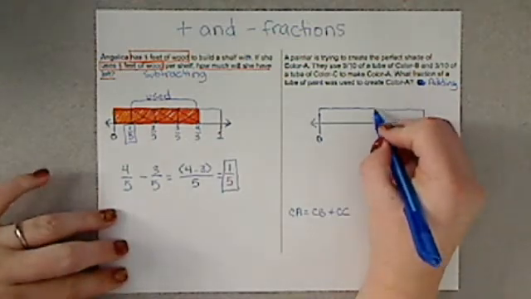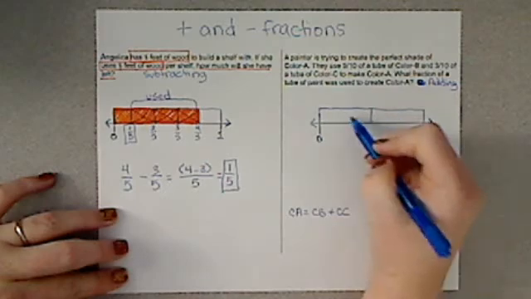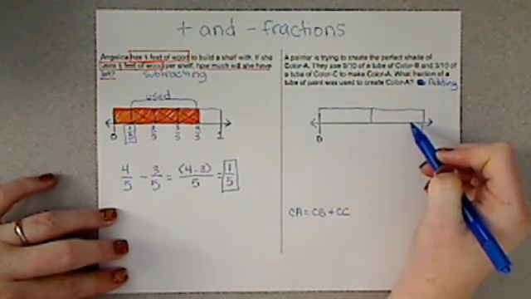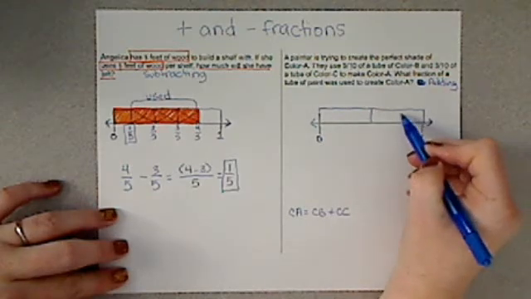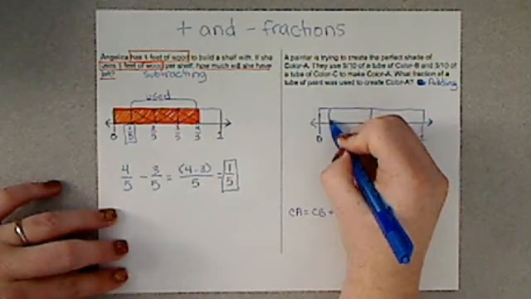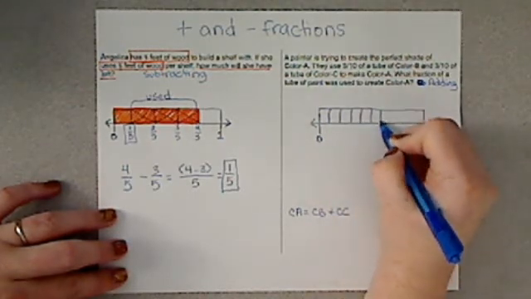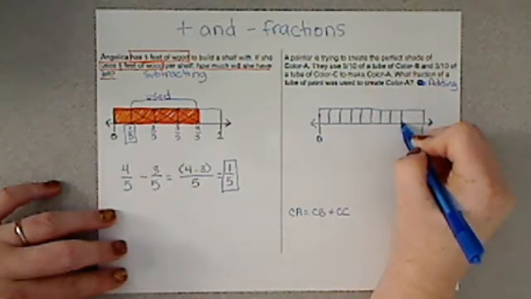I find that if I split a fraction bar in half, I now have 2 pieces. And I know that 2 times 5 is 10. So if I break each part of this bar into 5 pieces, I'll have 10 in all. So 1, 2, 3, 4, and 5. 1, 2, 3, 4, and 5.